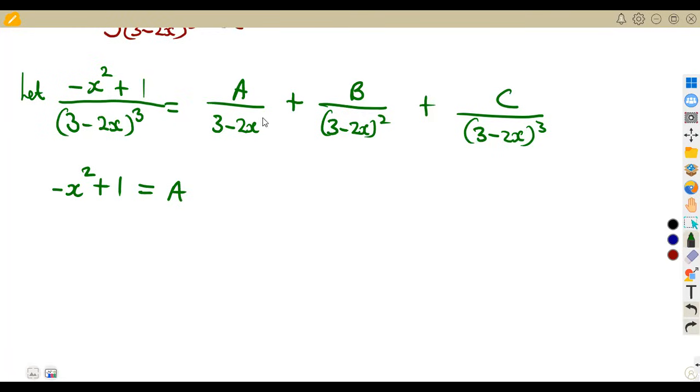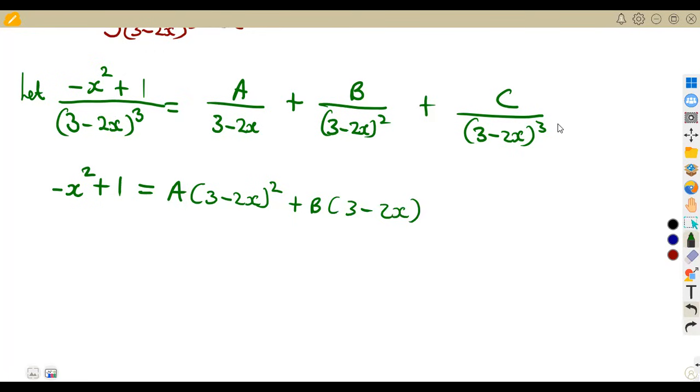So if we divide by 1 of these, we are going to remain with 2 of them, because there were 3 of them and we've divided by only 1. The same thing here, plus B: if we divide, how many are going to remain? We are going to remain with 1 of the 3 minus 2x.